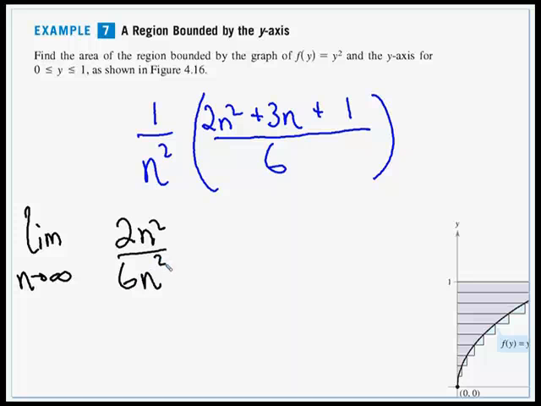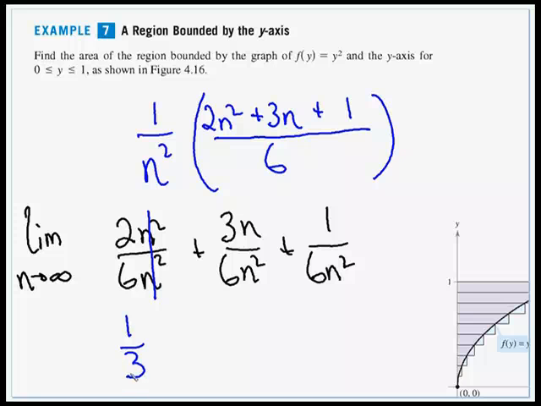Plus, our numerator is 3n, we distribute our n squared in the denominator, 6n squared, plus 1 times 1 is 1, 6 times n squared is 6n squared. Here the n squareds cancel, and we have 2 over 6, which reduces to a third. Here this is going to reduce to a half, and our numerator n is gone. This is knocked down to an n to the first power. So we're going to have plus 1 over 2n plus 1 over 6n squared.